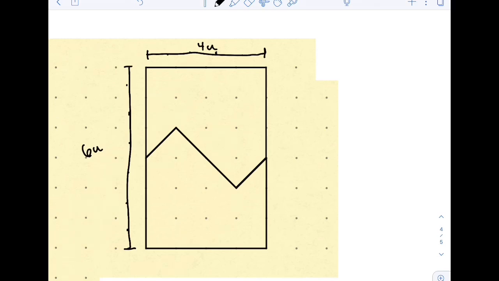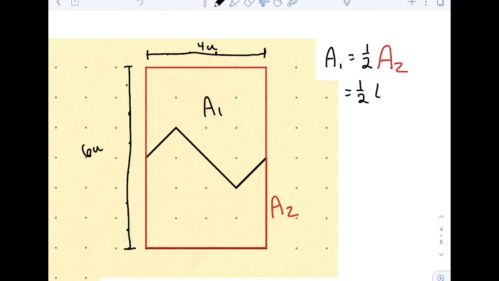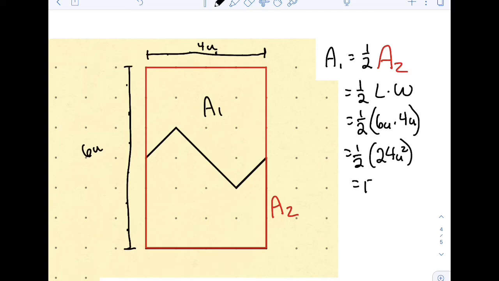So my area that I want is going to be 1/2 of the new shape. The new shape is a rectangle. The length is 6 units, the width is 4 units. Half of 24 square units gives me 12 square units.